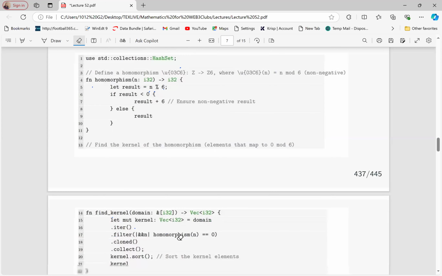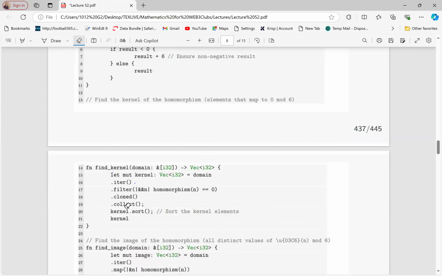Then there is collect. Then there is sort. No, sort is not important. I just used it so that it sorts the elements and arranges them in some order so that you don't get confused.